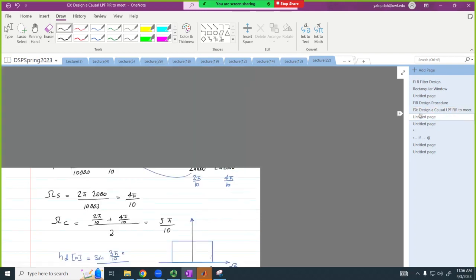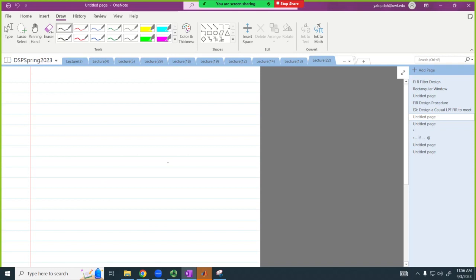Okay, so finally, from W of n and HD of n, we get H of n, and then we have to shift it by 20 to make it causal.